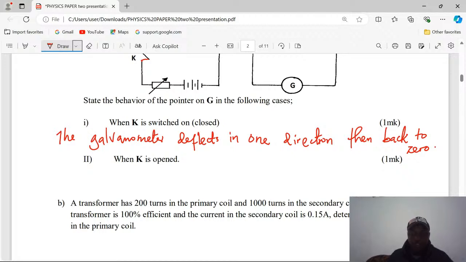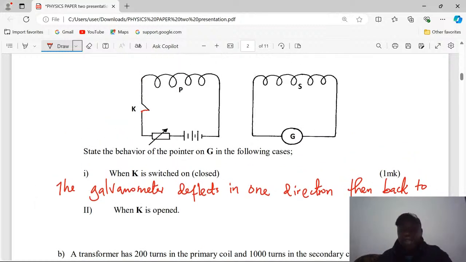A student is supposed to know that the point that it deflects back to zero is very important, and it's part of the observation. So you cannot say that the galvanometer deflects in a certain direction and leave it at that point. You must include that it comes back to zero, because once you close the switch, we expect current to build up from zero to maximum, hence inducing magnetism in the primary coil.